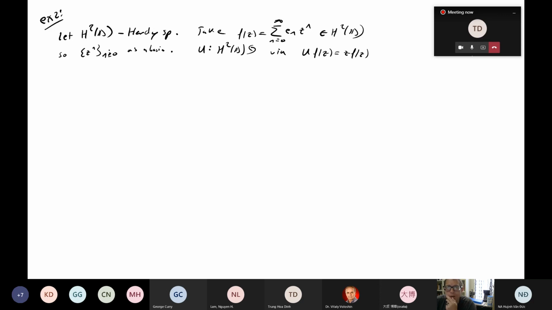And on the basis, it's a shift again, but there's a key observation that's different. So the big difference is that while U star U will be 1, UU star is not 1. In fact, it's 1 minus a particular projection. So right off the bat, these two things aren't going to commute.